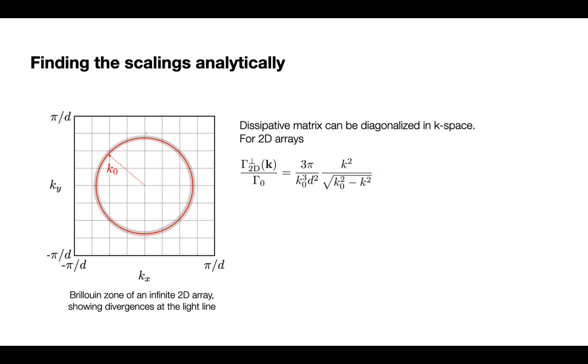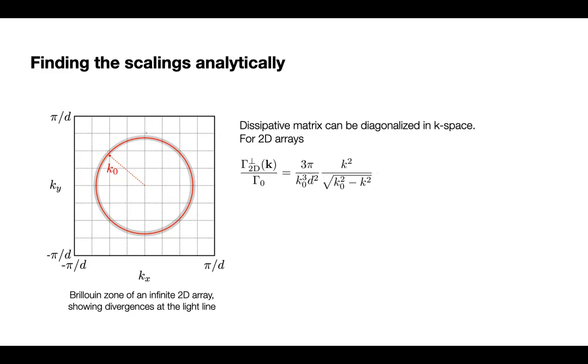So then what you can do is think how to connect this physics of infinite arrays to the physics of a finite array. Well, a finite array samples the reciprocal space regularly with as many as n points. So now, for instance, for 2D, along one axis, I have a Brillouin zone that extends over a range of minus pi over d to pi over d. And I'm going to have square root of n points for a 2D array sampling every axis.